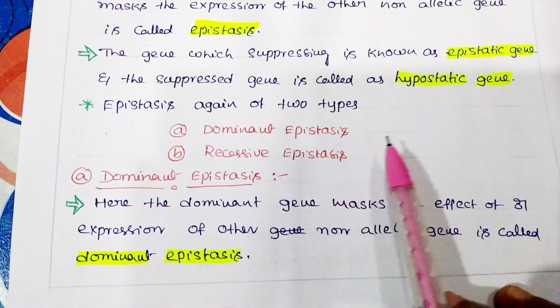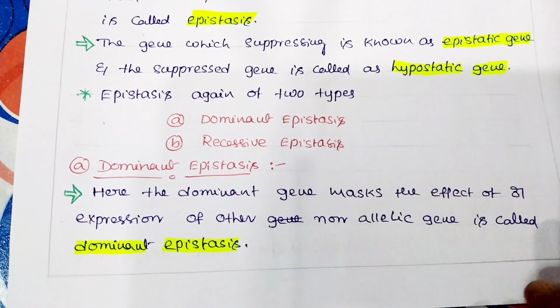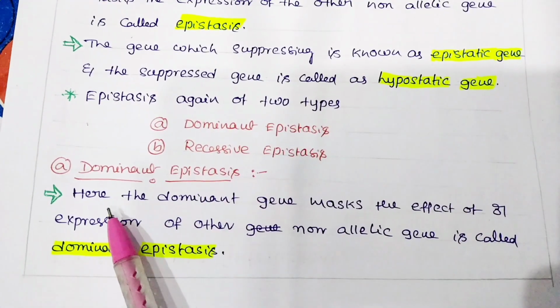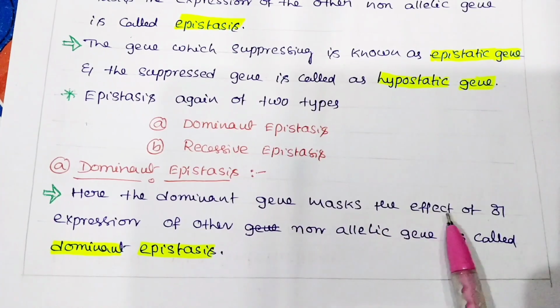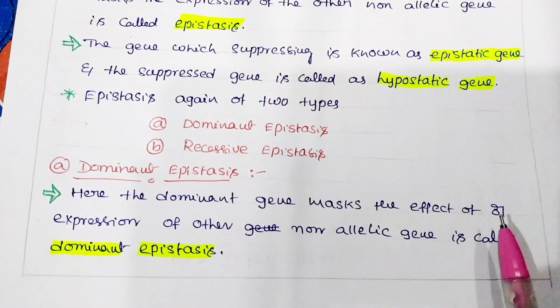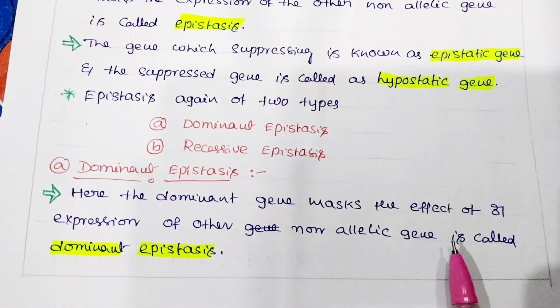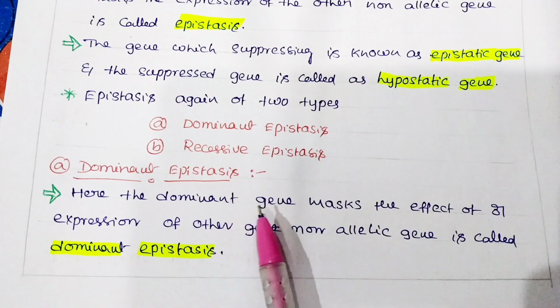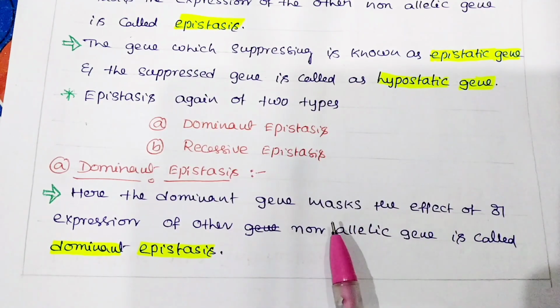Let's see in detail. First, dominant epistasis. Here the dominant gene masks the effect or expression of the other non-allelic gene. That's why this is called dominant epistasis.